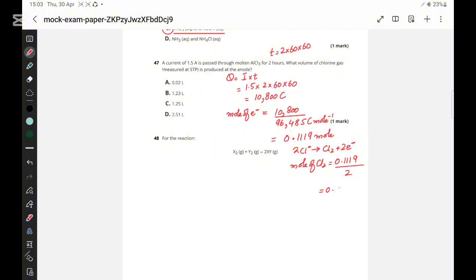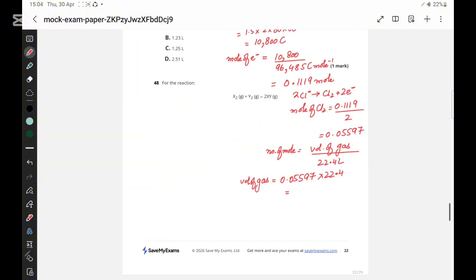So this becomes 0.05597. Now, for a gas, number of moles is volume of gas divided by molar gas volume, which is 22.4 liter at STP, standard temperature and pressure. So volume of gas is equal to 0.05597 times 22.4, and that comes out to be 1.25 liter. So the answer is going to be C.